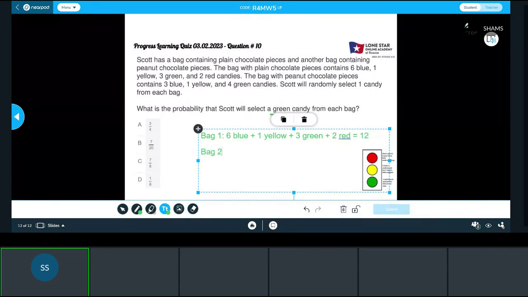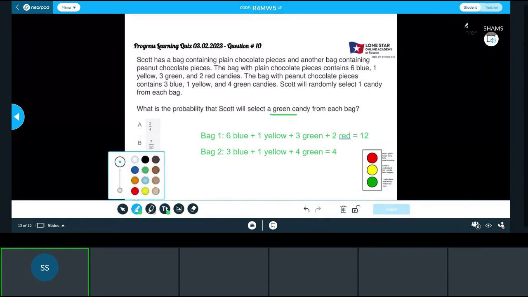Bag 2 has 3 blue, 1 yellow, 4 green. Altogether, that is 8 pieces.